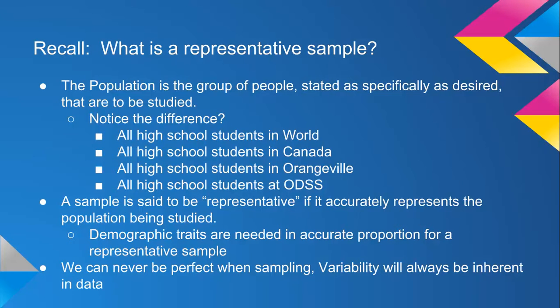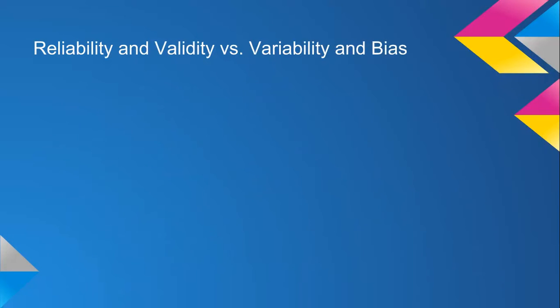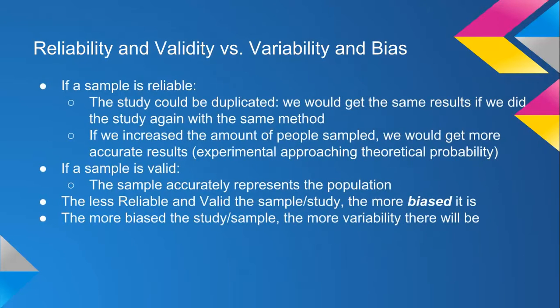One study is always going to be slightly different than another study, although we want to reduce that. Remember validity and reliability versus variability and bias. If a sample is reliable, the study could be duplicated. We'd get the same results if we did the study again with the same method.